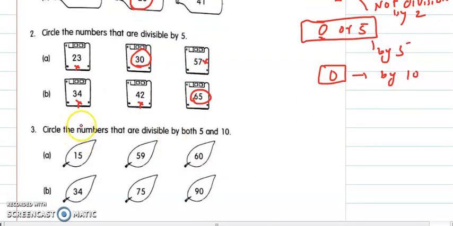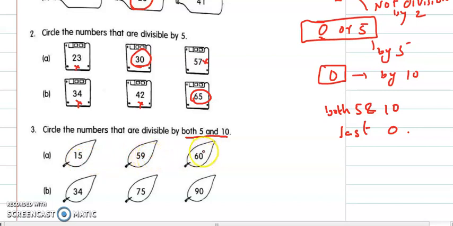Now next is: circle the numbers that are divisible by both 5 and 10. So the condition for both 5 and 10 is that the last digit is 0. So this is divisible by 5 only but not by 10, so I will not circle that.